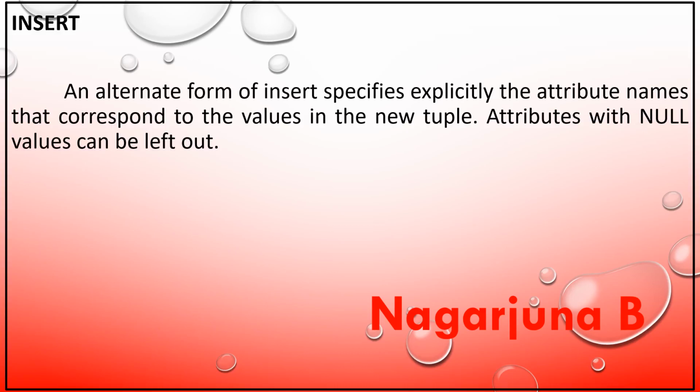Attributes with null values can be left out, but as far as possible, while creating a table, we'll be giving not null. So for that purpose, we'll not be skipping any attribute value.